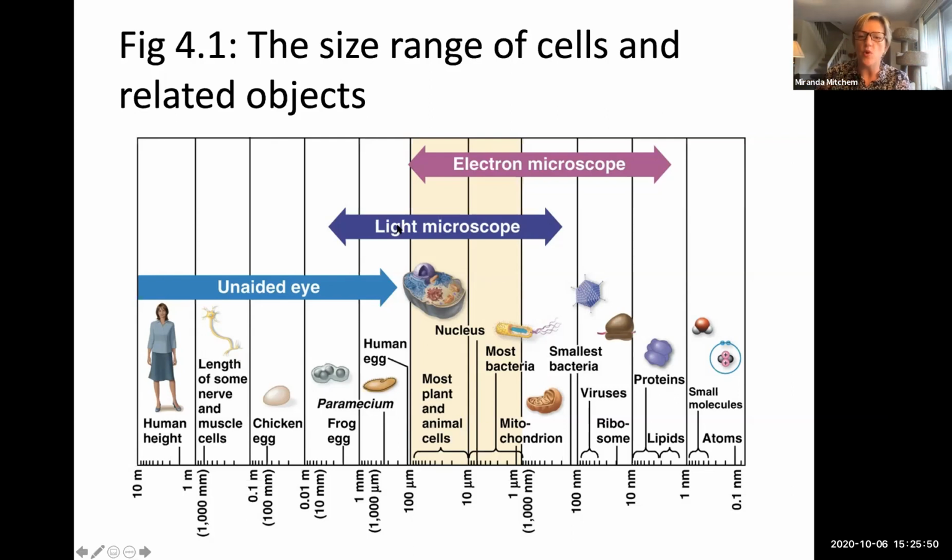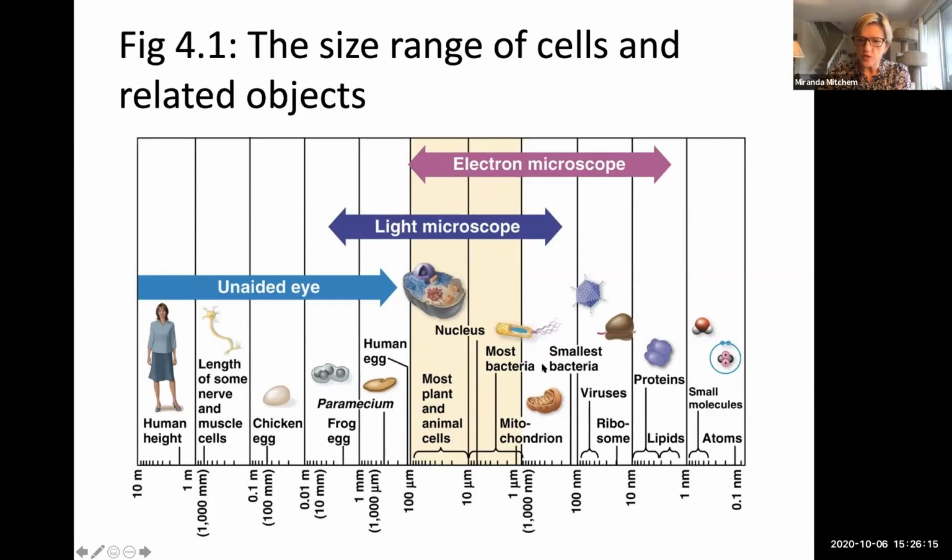We need to go to a more powerful tool, the compound light microscope, in order to visualize a plant or animal cell, and also bacteria are visualized that way. So another way to think about that is that human cells are close in size to most bacteria. They're a little bit bigger than most bacteria.